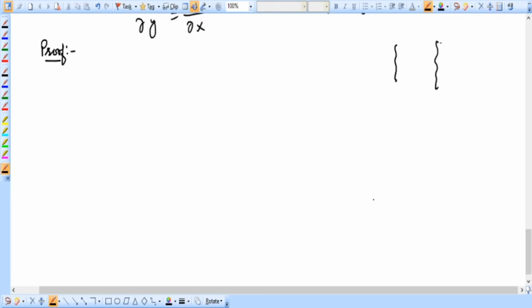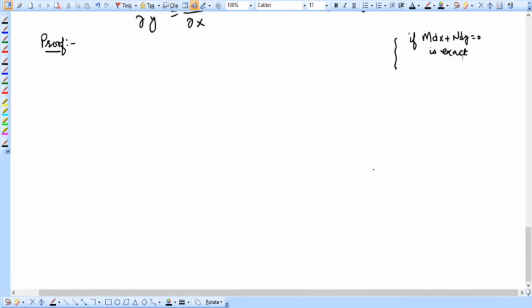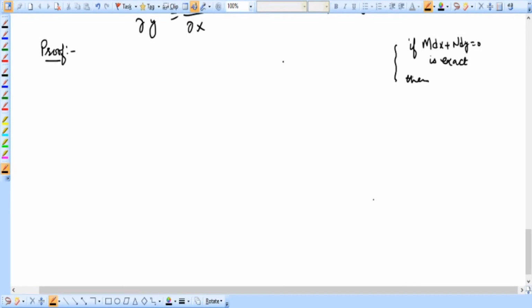And first, in the first part we are going to prove that if Mdx plus Ndy is equal to 0 is exact, then what would happen? ∂M/∂y will be equal to ∂N/∂x. This is our first part.